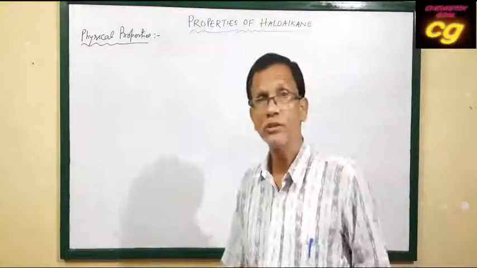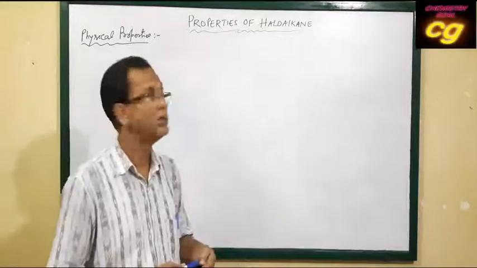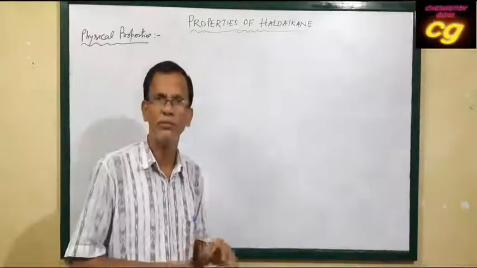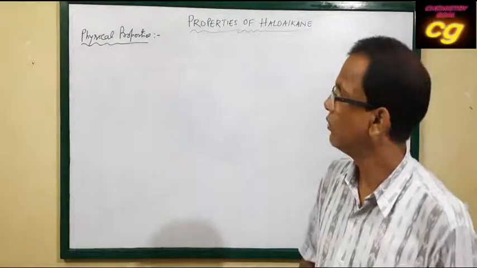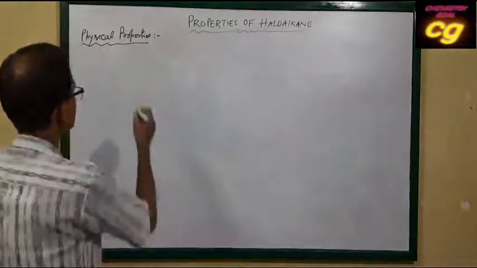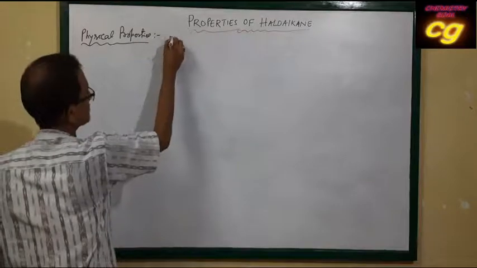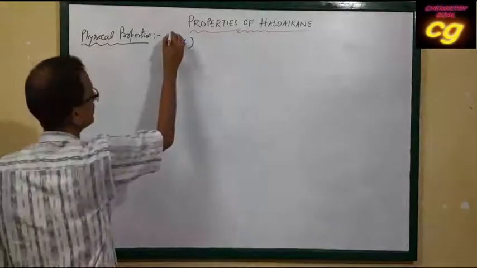Today we are going to discuss the topic haloalkane, its physical and chemical properties. We know haloalkane, if you see the structure, this is RX. It is a polar compound.